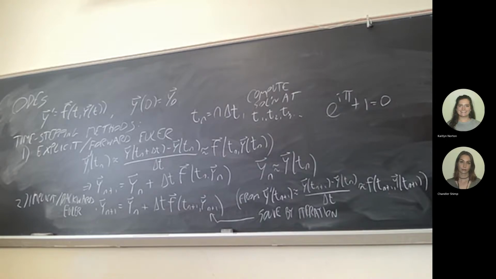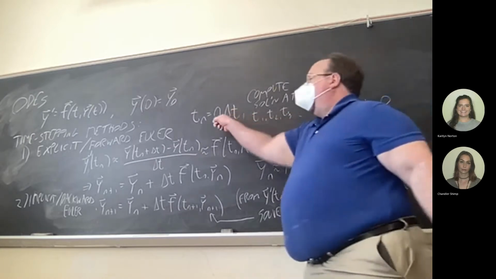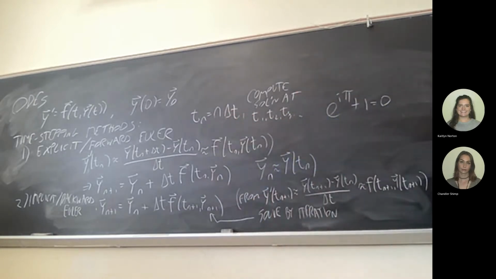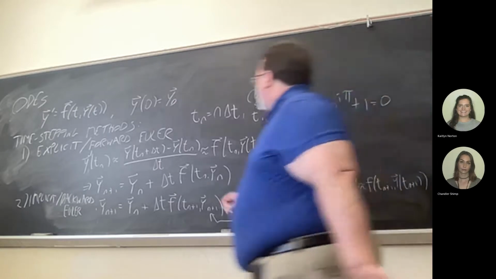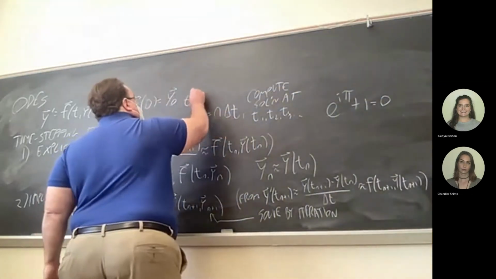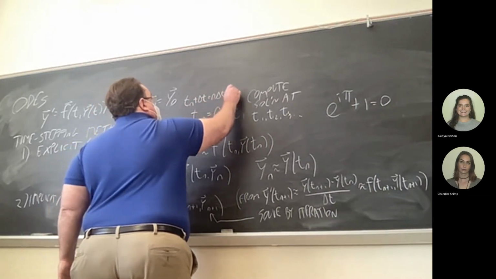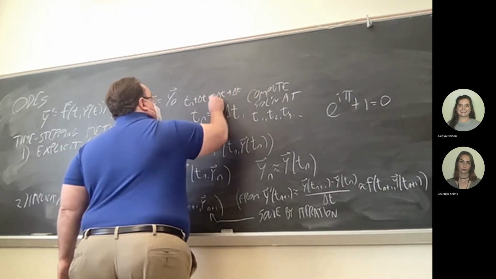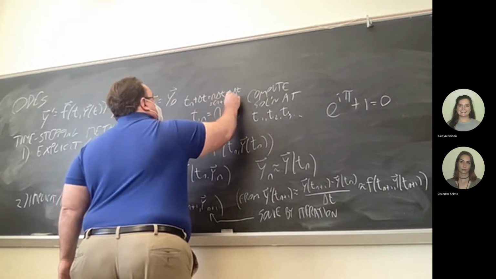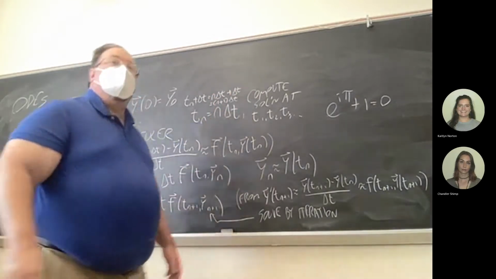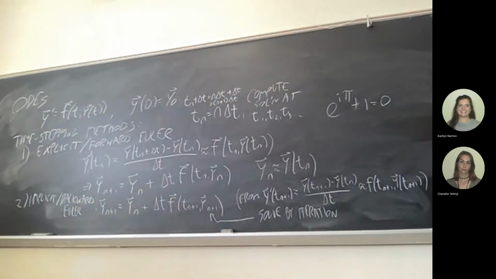Oh, they're equal because tn plus delta t is t sub n plus 1.